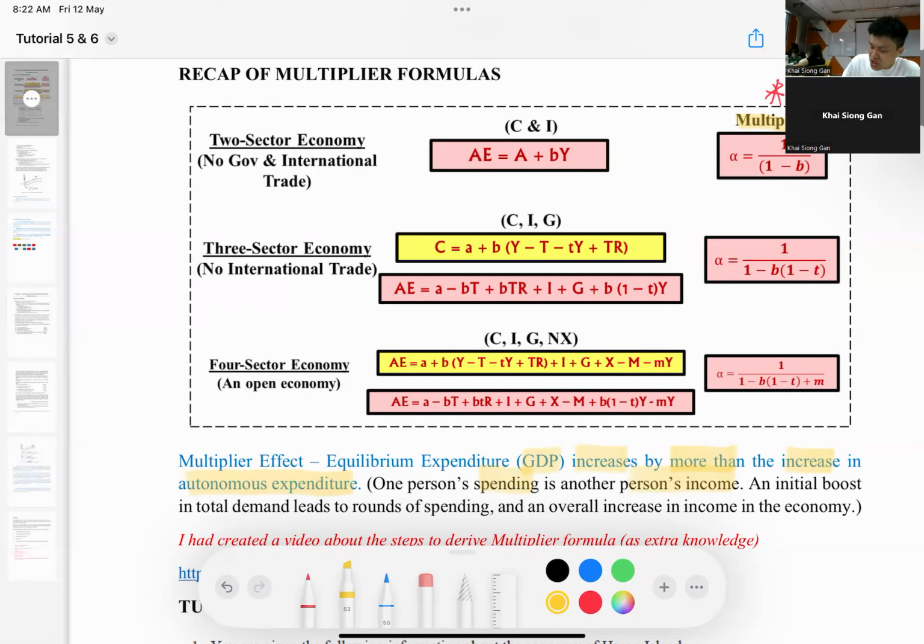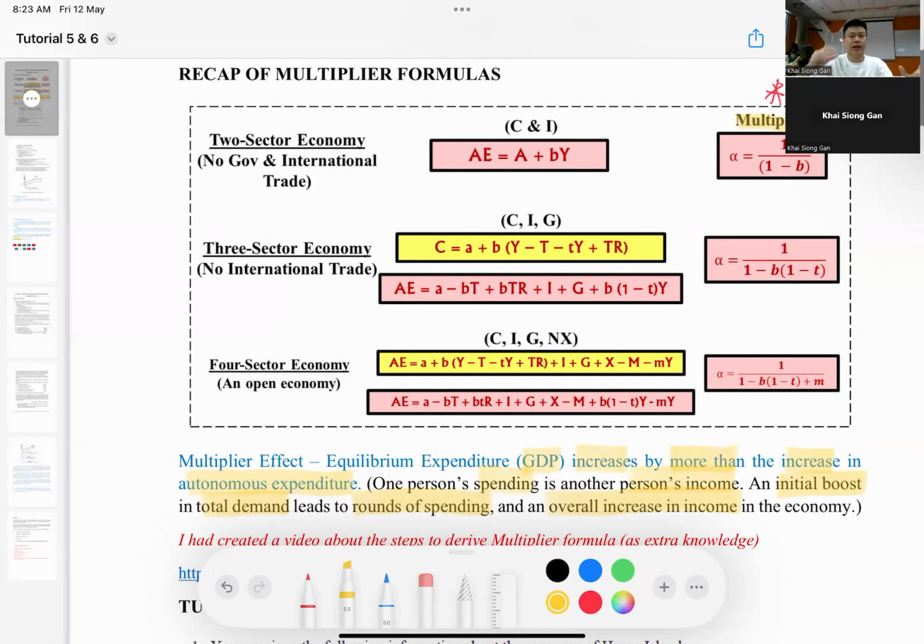So an initial boost of total demand will lead to rounds of spending and an overall increase in the income or output in the economy. For example, the government pumps in 5 million of injection to the economy. The 5 million could lead to an increase in the total output or total expenditure of the country by more than 5 million, maybe 25 million, for example.